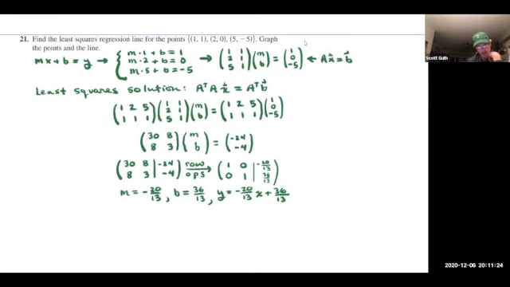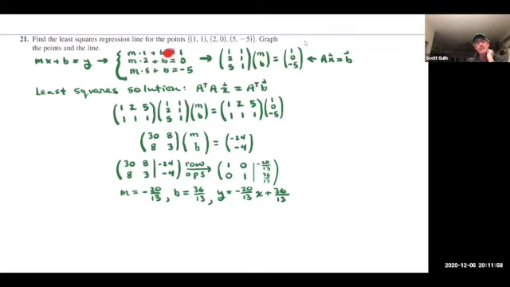So you say mx plus b equals y, which it's nice to have the y on the right. And we're just going to plug in the x's and the y's for all the data points into this, which is the equation of the line. So I did that here. I wrote it in matrix form. This one says m plus b is 1, which is basically what's happening. 1m plus 1b equals the first entry, which is a 1, and then it's 2m plus 1b equals 0, which is the second equation.